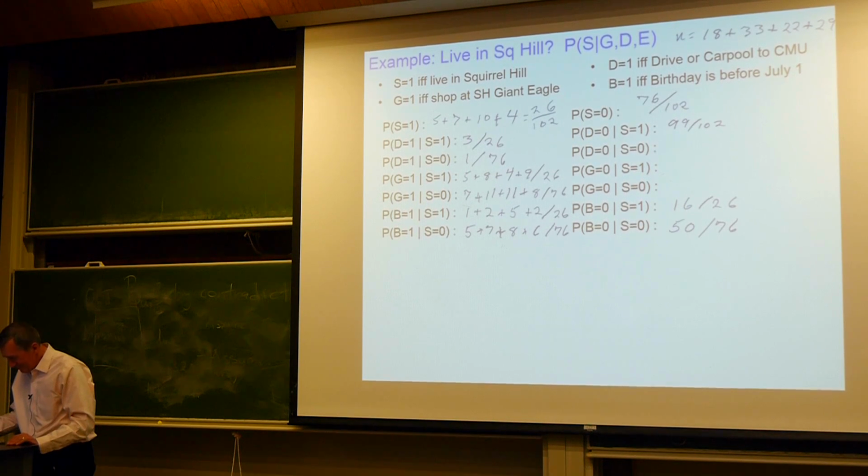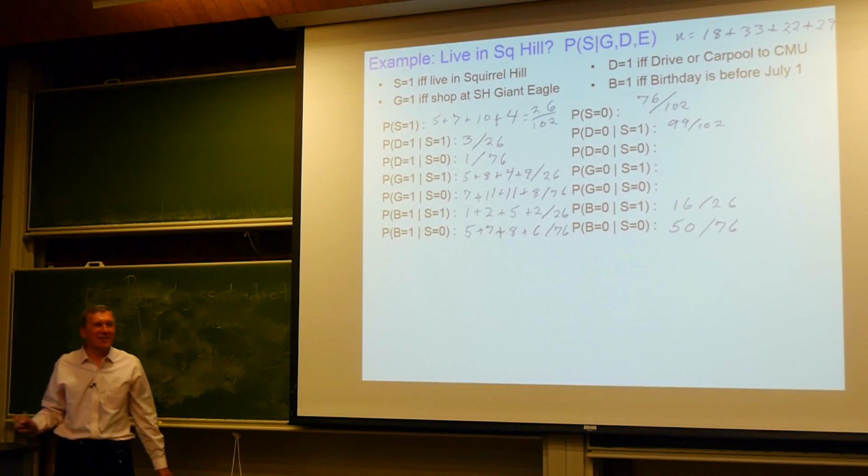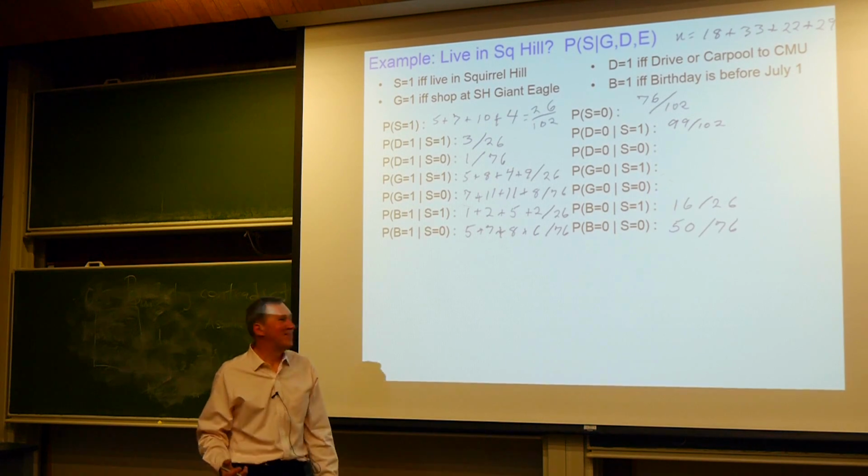That's remarkable. More people were born in the second half of the year if you take machine learning.